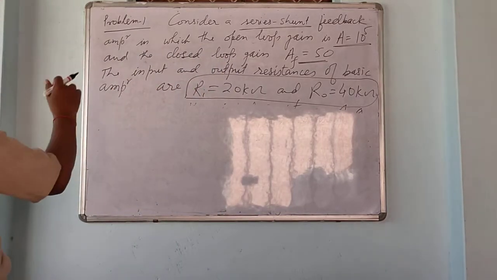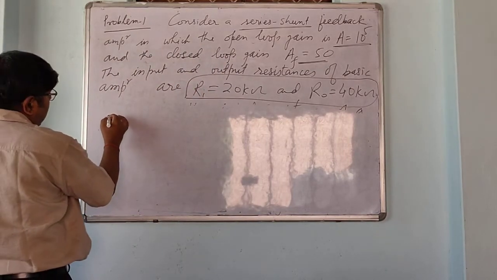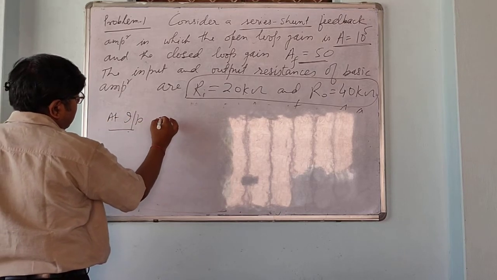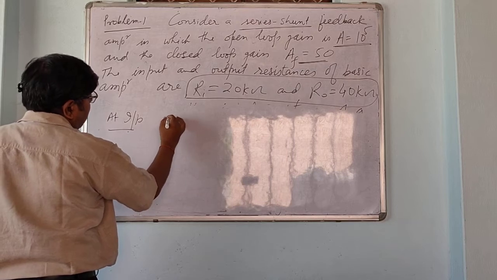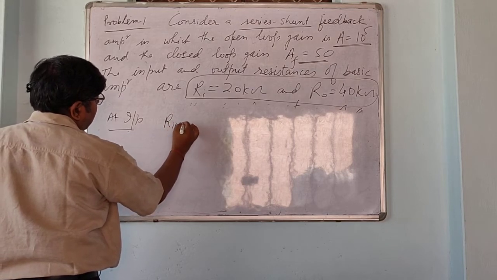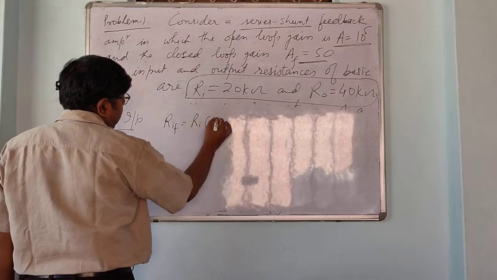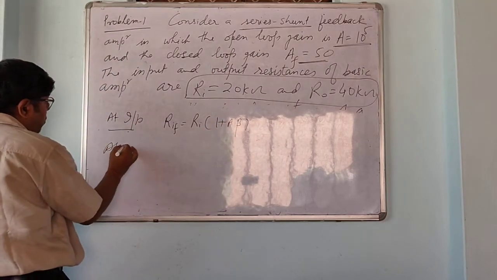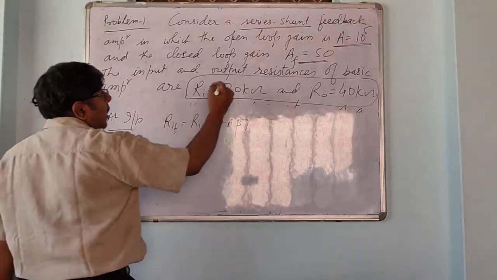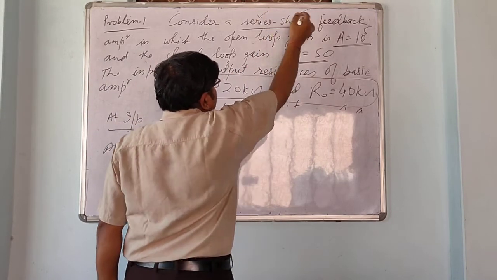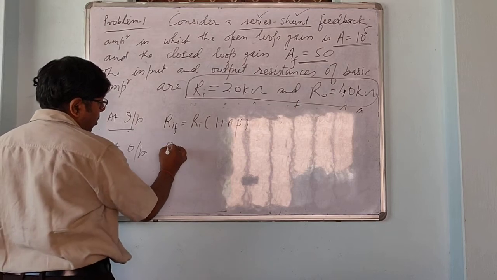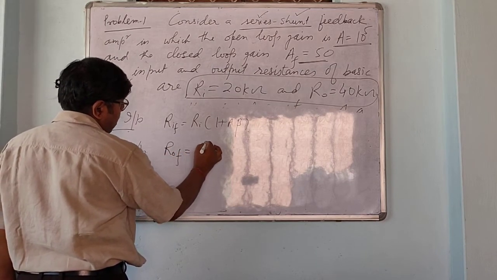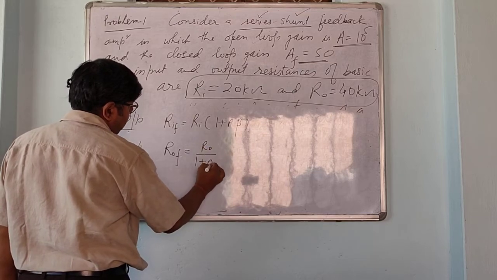Obviously, input connection is series. At input connection is series, therefore this is given by 1 plus Aβ. And at output connection is shunt. So these two terms are important. So at output this is given by 1 plus Aβ.